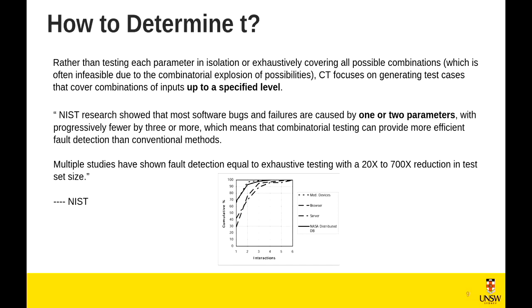So normally we can limit the interaction level to level 2, which means that we just need to do pairwise combinatorial testing most of the time. The x-axis here is the interaction level t.